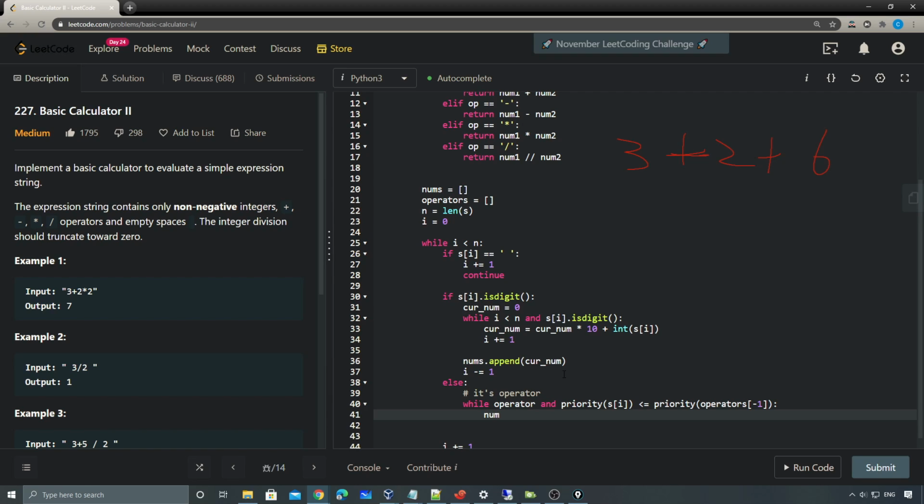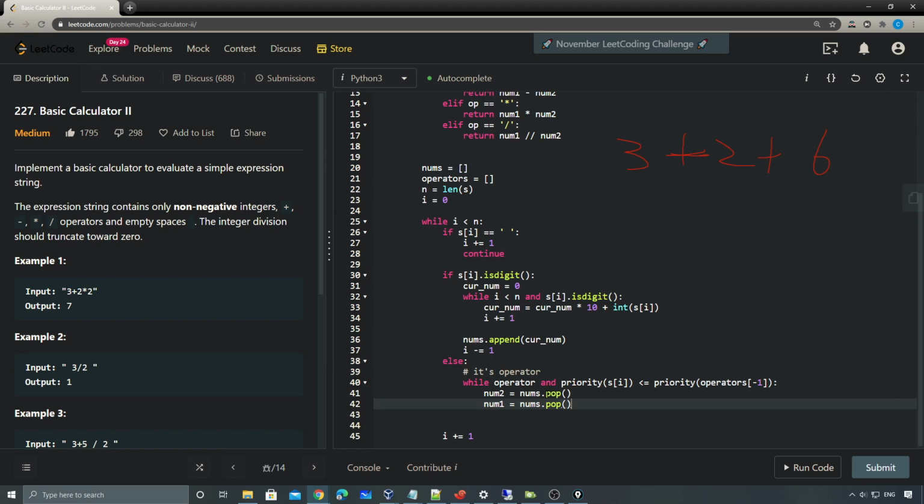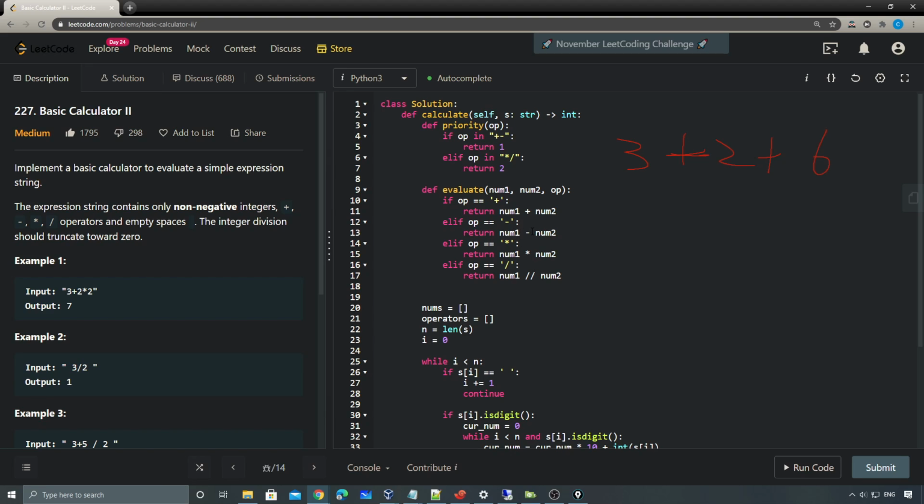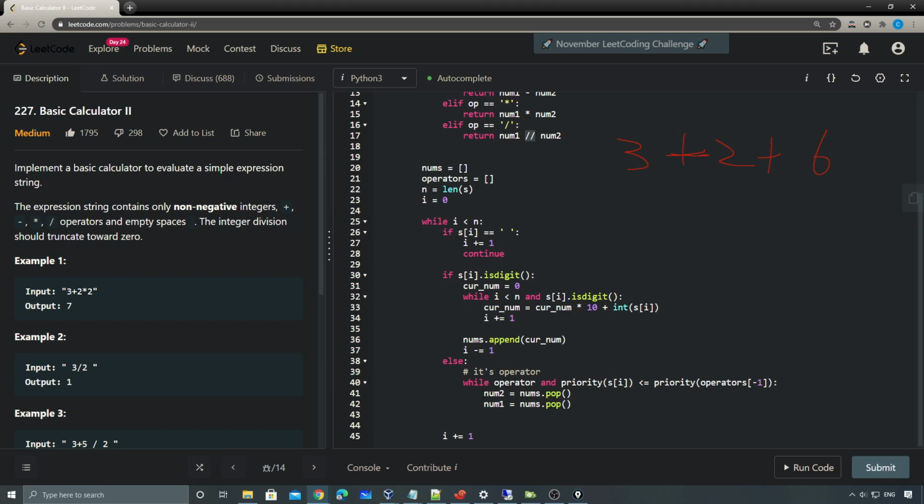So we do num2 equals nums.pop, and then num1 equals nums.pop. Keep in mind the first one popped out is num2, and the second one popped out is num1. The sequence matters because we're going to have subtract and divide, so we have to follow this sequence.